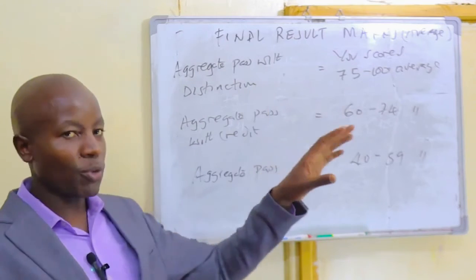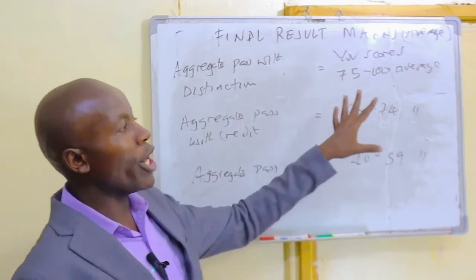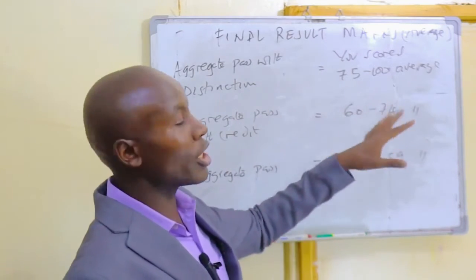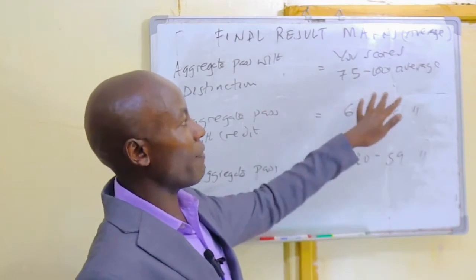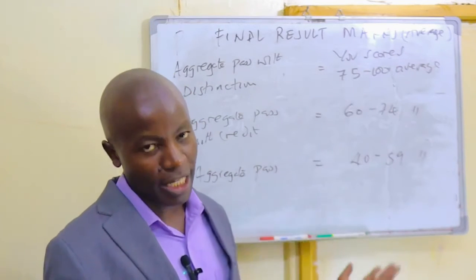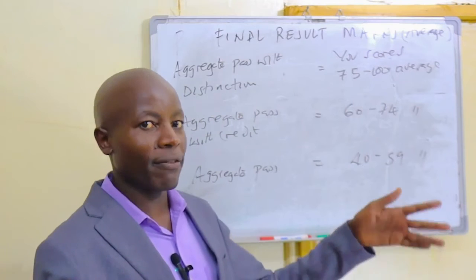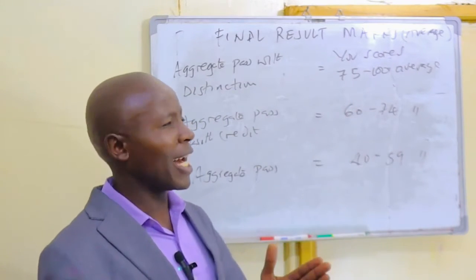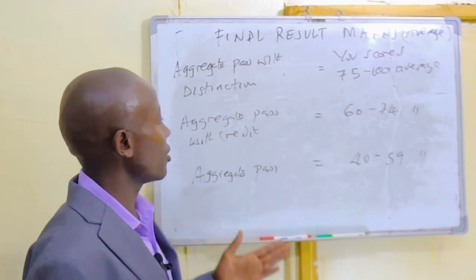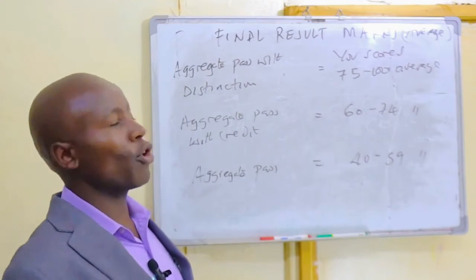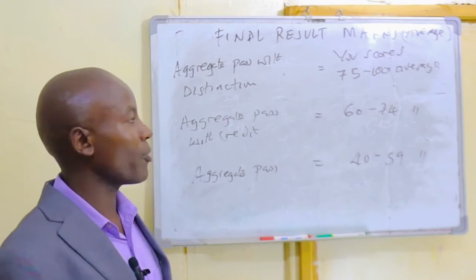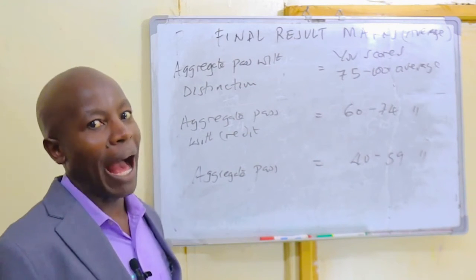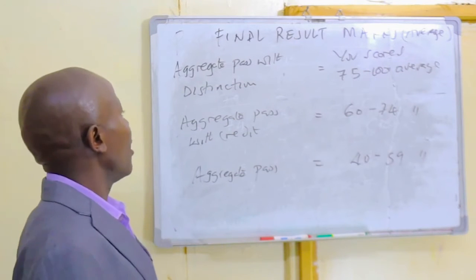Now, aggregate pass with the distinction, you scored on average between 75 to 100 in your subjects. So total marks divided by 5. If you did 5, then you got between 75 to 100 on average. So that's how you get the distinction. There's no one subject you went below 75. Of course, you cannot go above 100.